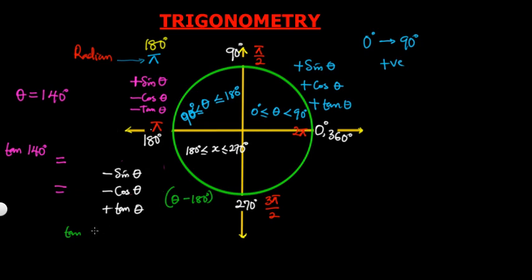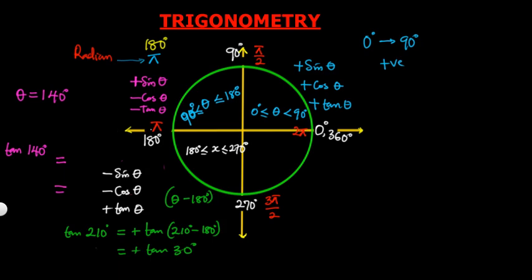Tan 210 degrees is equivalent to plus tan of 210 degrees minus 180 degrees, which is equivalent to plus tan 30 degrees. So you get to realize that the tan of 210 degrees is the same thing as the tan of 30 degrees.